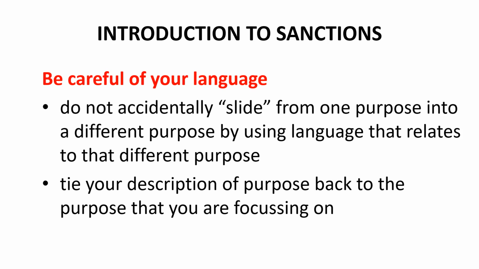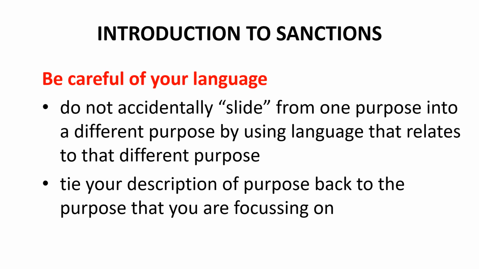For example, specific deterrence is about discouraging the offender from committing future offences. So you could say that imprisonment achieves specific deterrence because it deprives the offender of their freedom, which will discourage the offender from committing further offences because they will not want to risk being deprived of their freedom again.